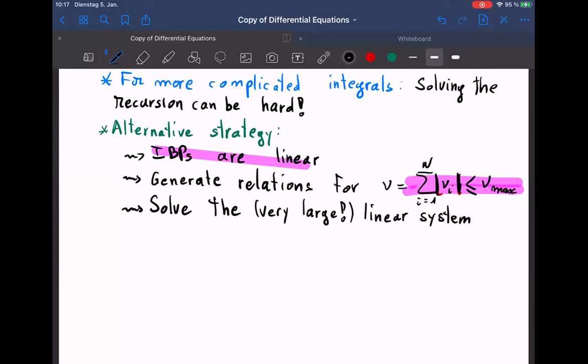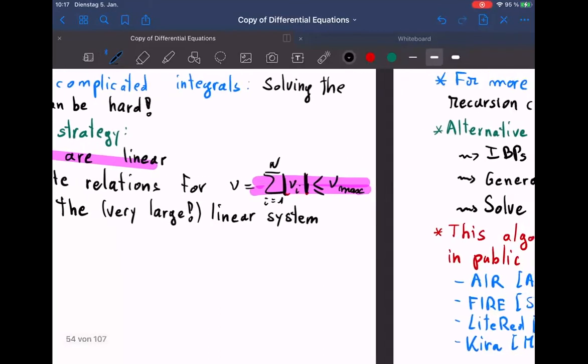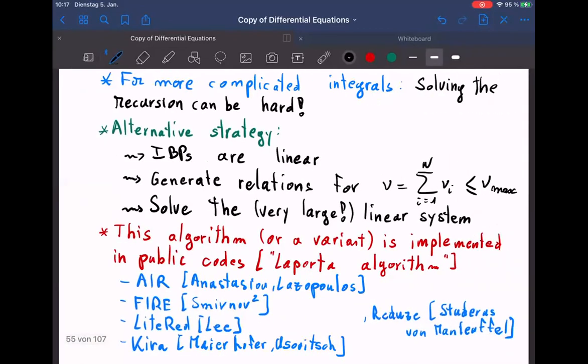So cutting off at some high value of the exponents will be good enough. And so in this way, you can reduce it to solving a linear system. This procedure has been implemented in various Mathematica codes or C++ codes. And we'll look at one such code in a second.